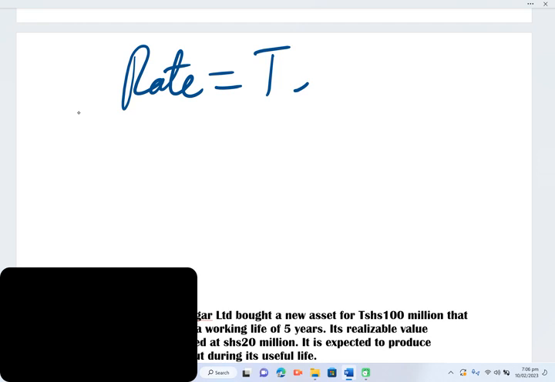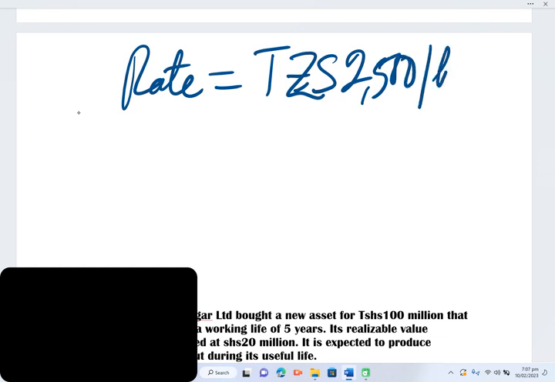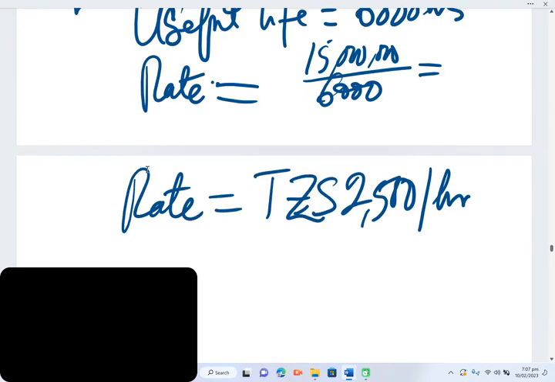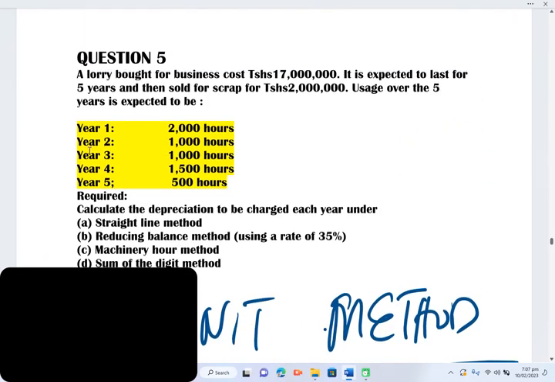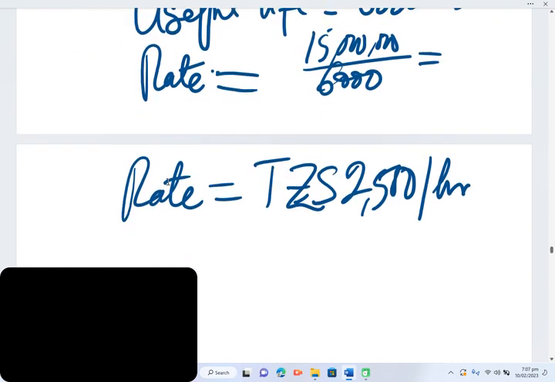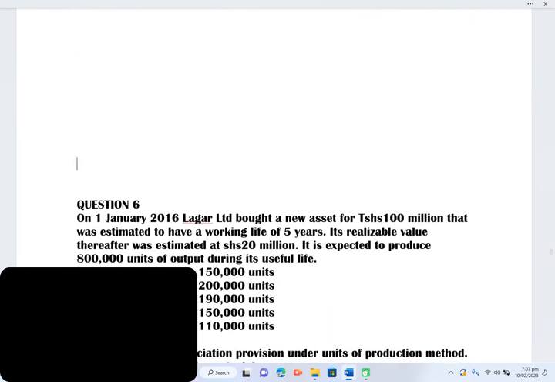Sasa miaka mingapi umetoka? Kuna ya 1 mpaka 5, si ndio? Sasa unakuwa mjanja. Lazima uende vizuri. Nataka nikufundishe sasa kwa sababu swali likija nakupa yani kwenda haraka pale.